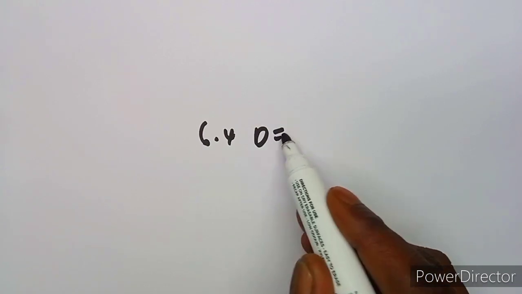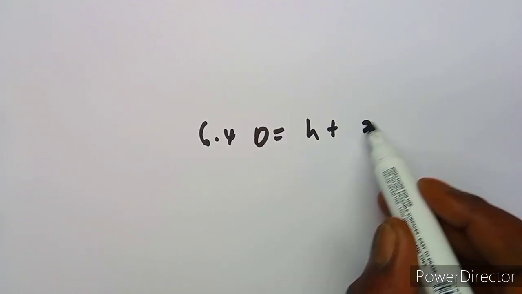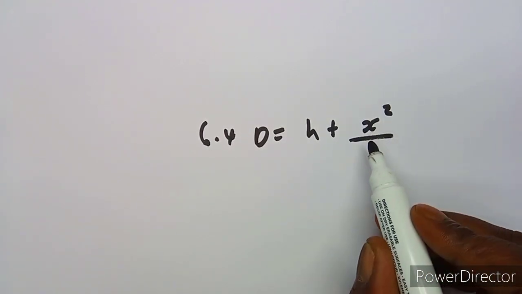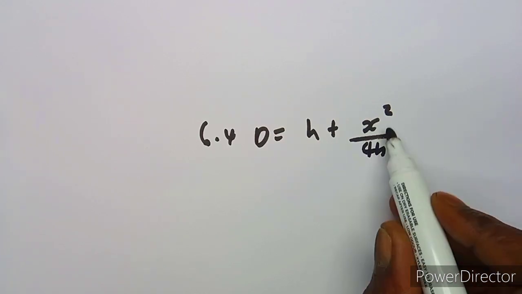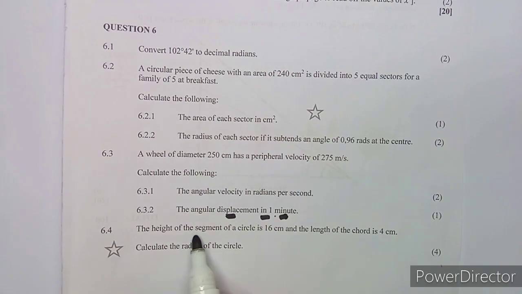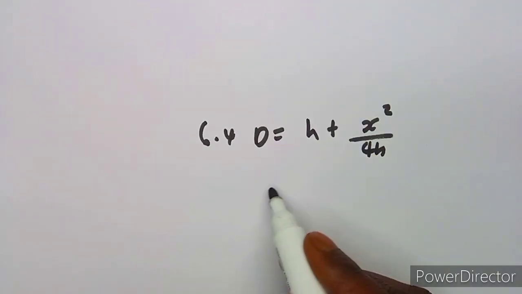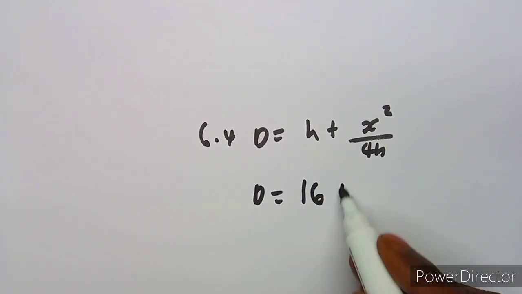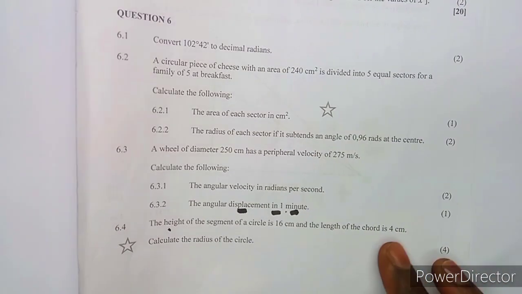So we say the diameter is equivalent to h plus x squared over 4h, where h is the height and x is the length of the chord. So we just need to substitute here, guys, and the height is 16, so d is going to be 16 plus x squared, which is 4.